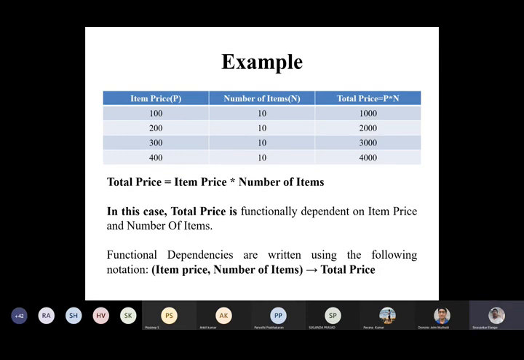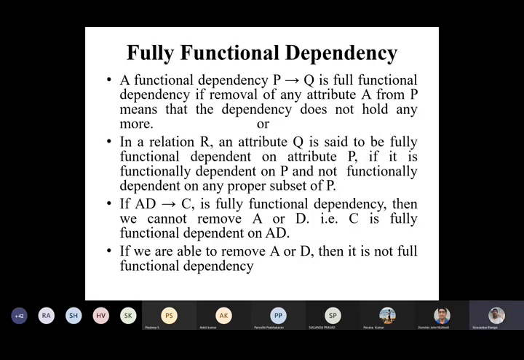So we say that the right hand side is fully dependent on the left hand side. In the case of fully functional dependency, if AD determines C, then we cannot remove either A or D. So C is fully functionally dependent on AD.